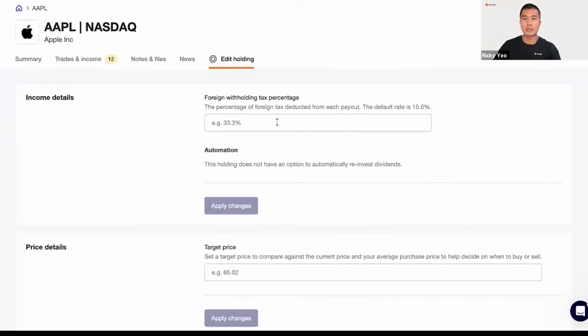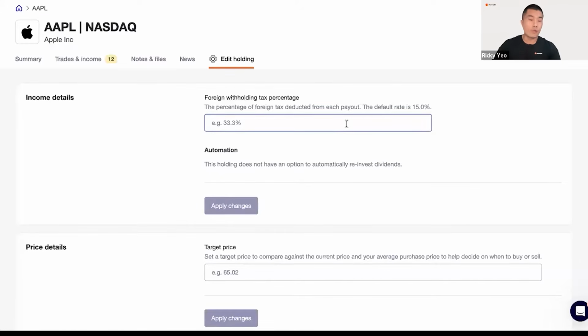In Sharesight, the foreign withholding tax defaults to 15% in this case for all the US dividends, because we assume that is what most people will have if you have completed the W-8BEN form. You get the 15% because of the tax treaty benefits between the US and Australia.